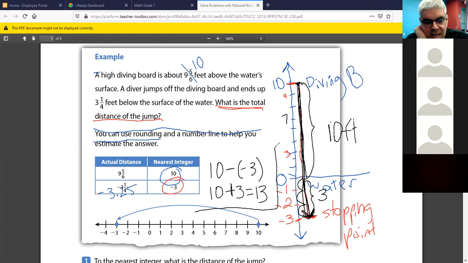So to write it as integers and not mess with the fractions, whole numbers, the distance is calculated by subtracting 10 minus the ending point, which is a -3.